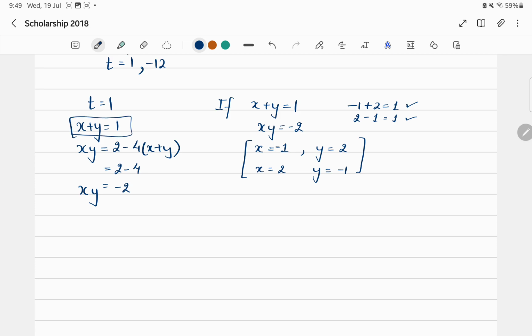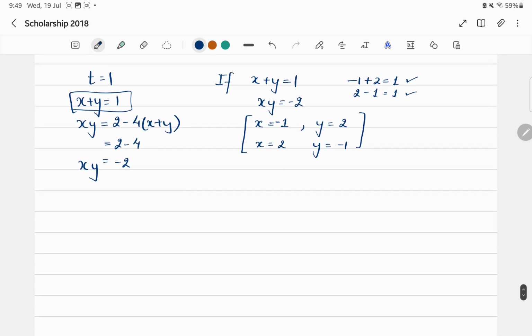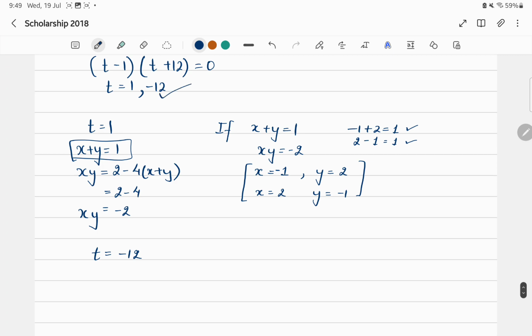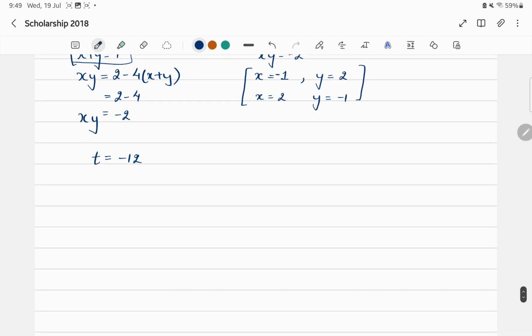So these are the two combinations we can have of x and y when x plus y equals 1. Now the other value that we have is t equals minus 12. So x plus y equals minus 12. We have to find x times y, which will be 2 minus 4 times minus 12, which gives us 2 plus 48, 50.